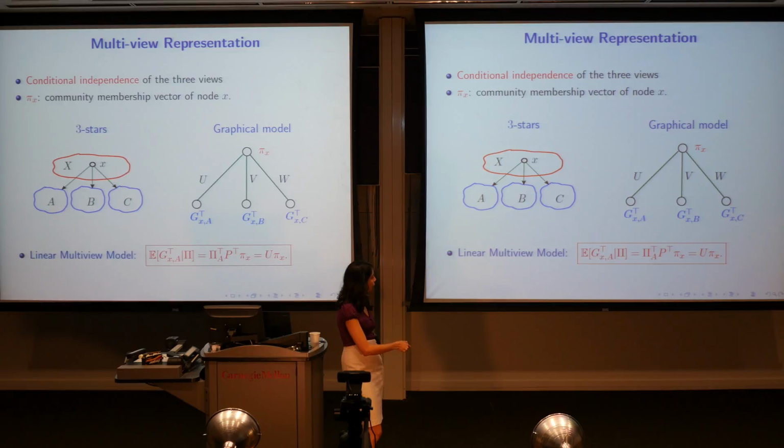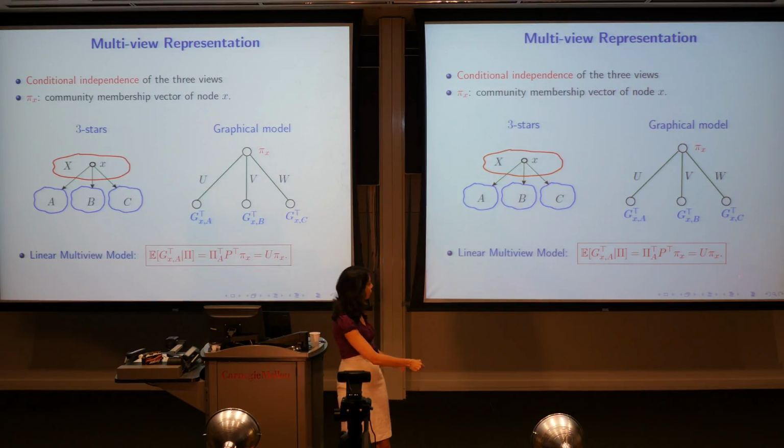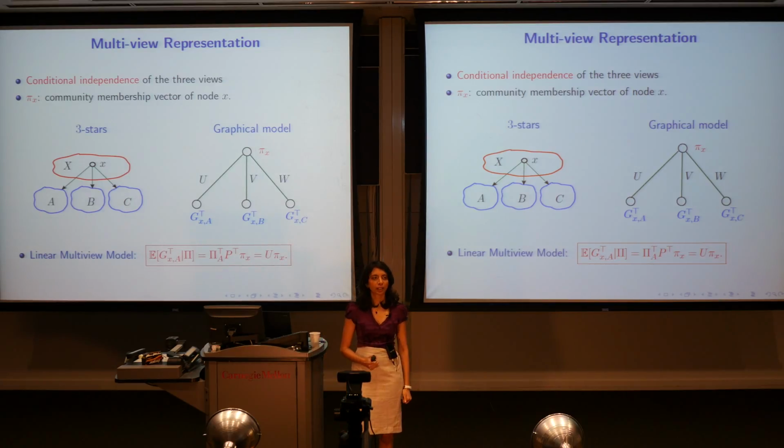If you recall, we had this assumption of how the edges are generated given the community memberships, and by modifying it slightly, we'll see that it's just a linear function of the memberships of node X. So that's why I have these matrices U, V, and W. These are the linear maps of the community memberships to the set of edges. So in expectation, I have this form. Okay?